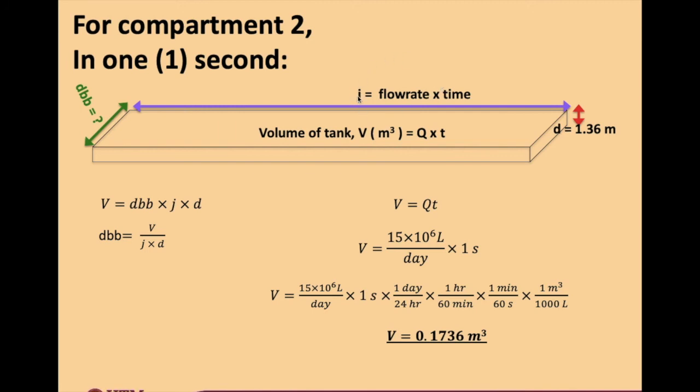Since the second flow rate was 0.18 if I'm not mistaken, isn't that right? Okay, 0.18, the second compartment. Yeah, it's 0.18. Therefore, J now becomes 0.18 meters.